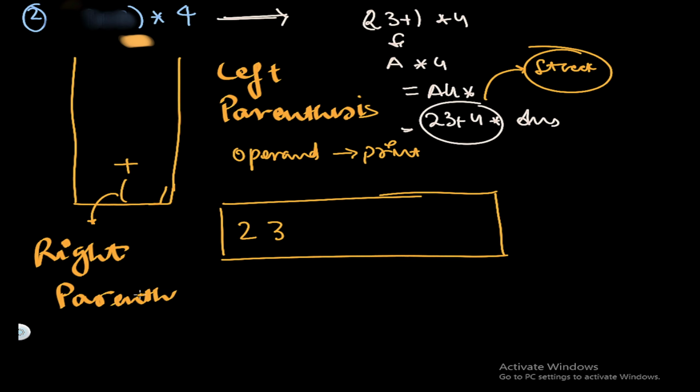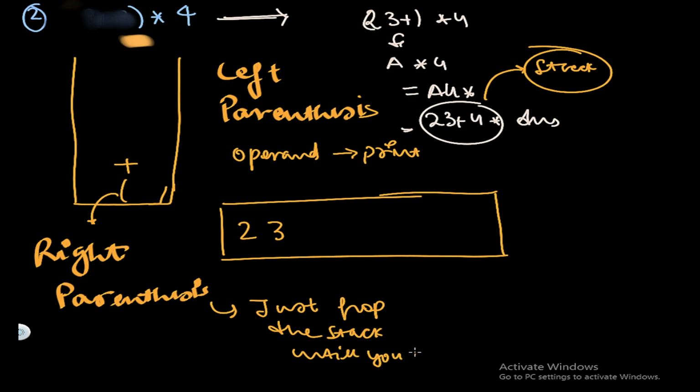Okay, so remember, whenever you get a right parenthesis, just pop the stack until you get a left parenthesis, or the stack is empty. So just clear the stack. Here it will come plus. Now we have 4, so 4 comes here, and after that this will come. So this is our answer. See how simple that is? The steps are very easy.